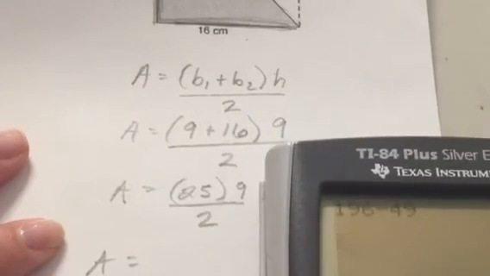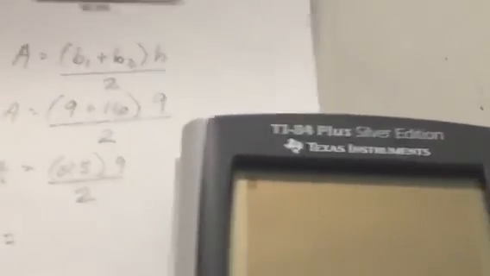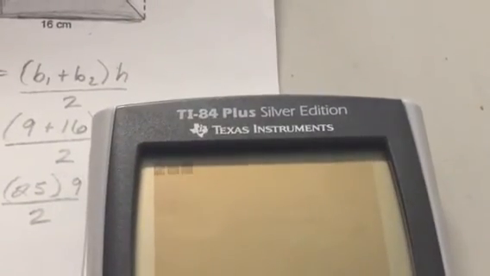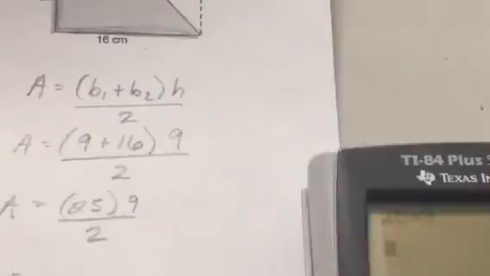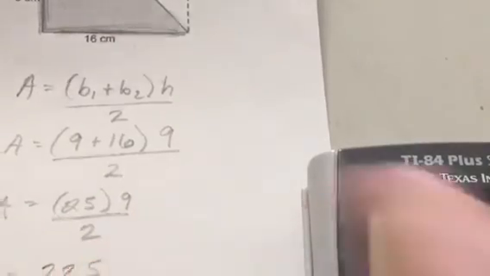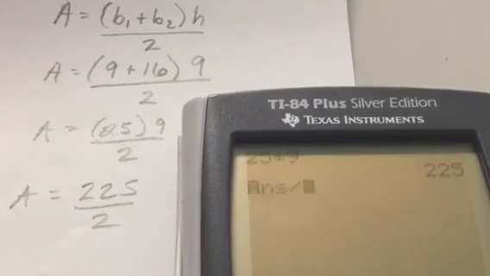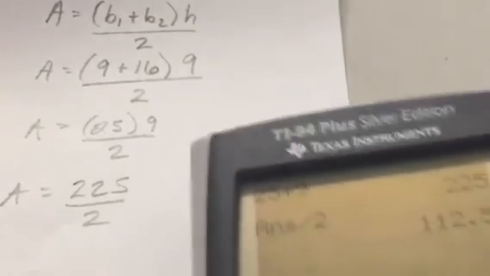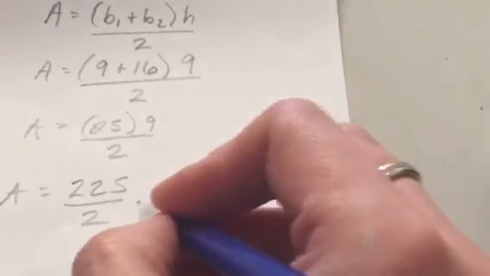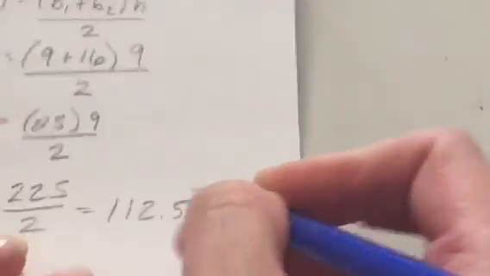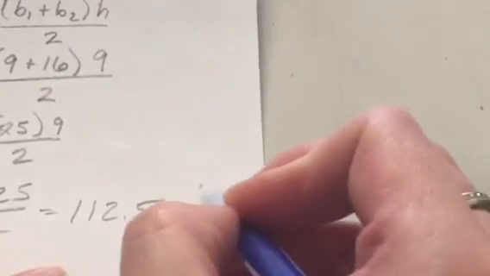Then on my calculator, I'm going to type in 25 times 9, which is 225, divided by 2, would be 112.5. And our label would be centimeters squared.